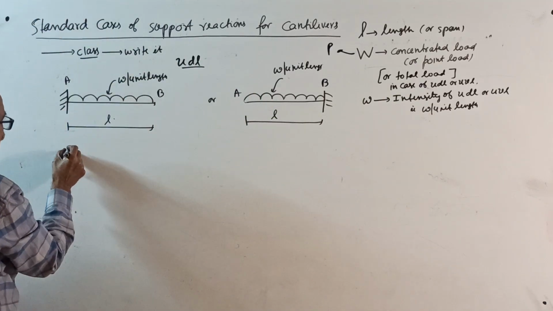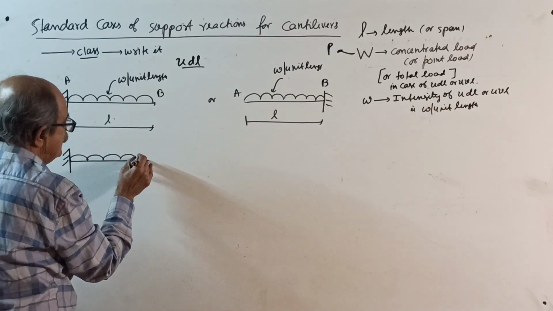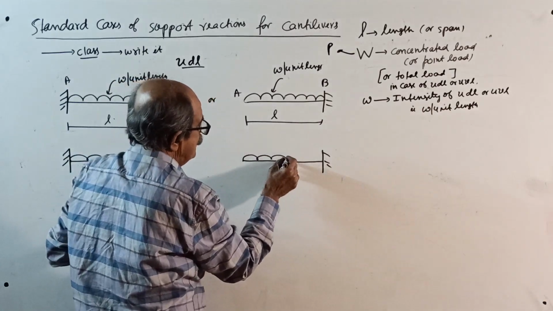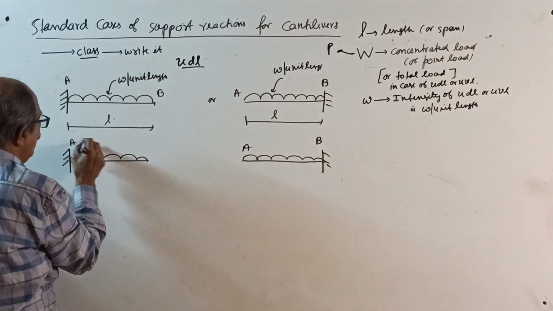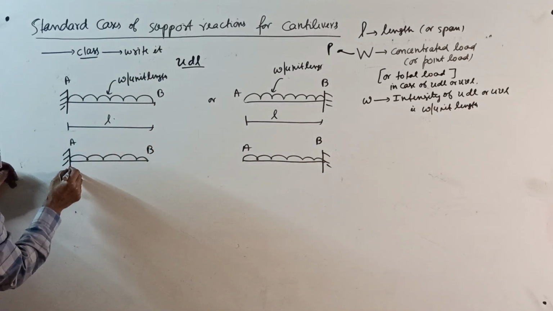Now, reactions. Answer. I did not write AB every time, but what to do? Have it. AB. Other things you write.